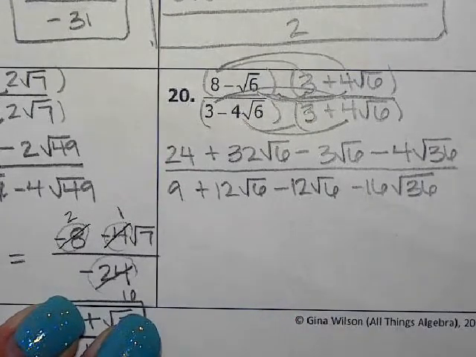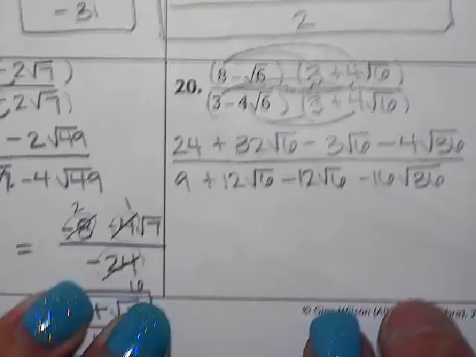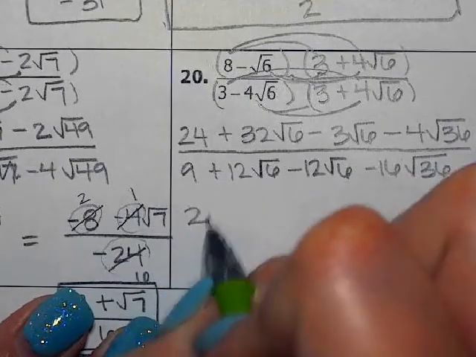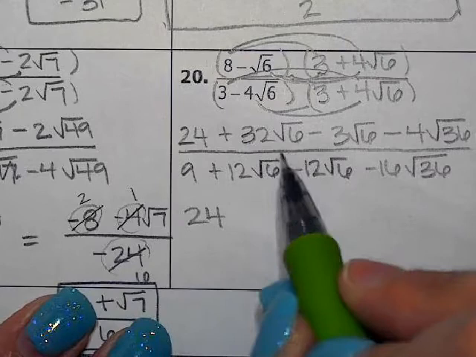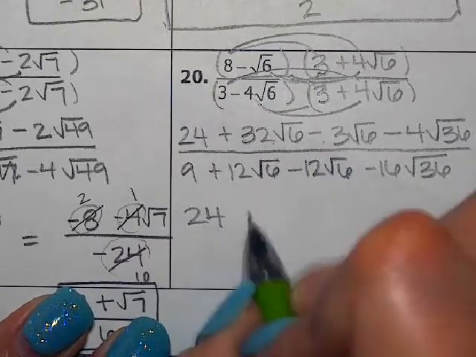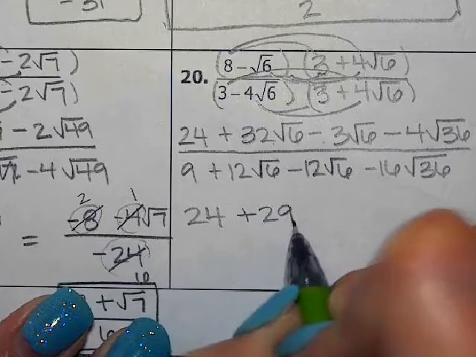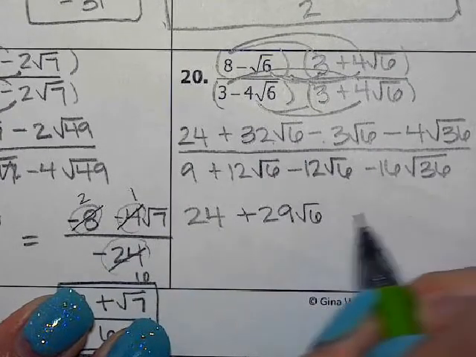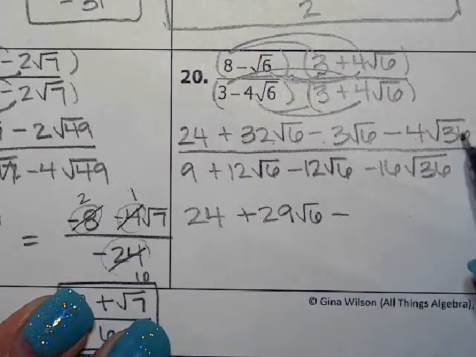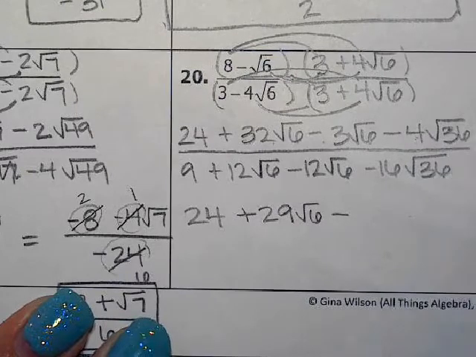Okay, so on the top, we have 24. 32 square roots of 6 minus 3 square roots of 6 is 29 square roots of 6. 4 square root of 36 is 6. So 4 times 6 is 24. That's interesting.